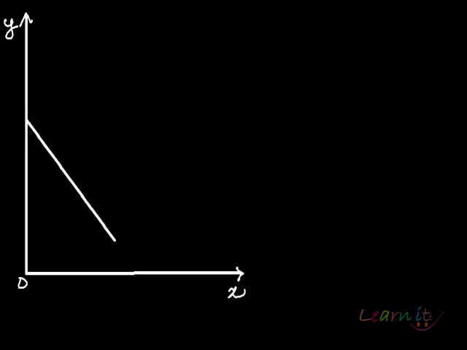Suppose you have this straight line, with good X and good Y. This is budget line 1, and this is the first indifference curve, say IC0. This budget line is at income M0.